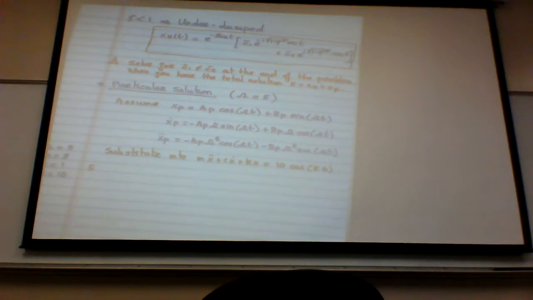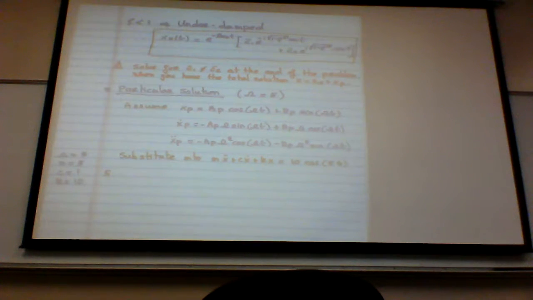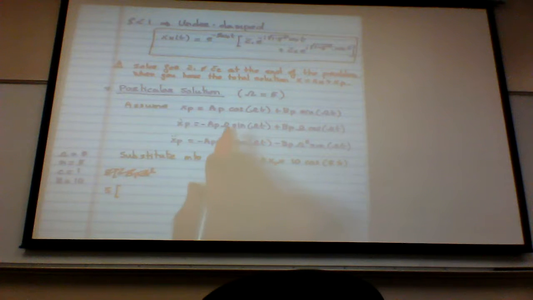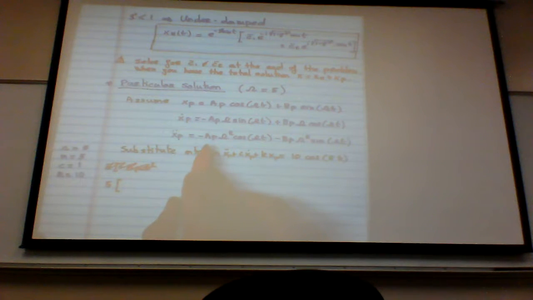So it will be equal to 5 times x double dot, the particular solution. So we do the cosine first.